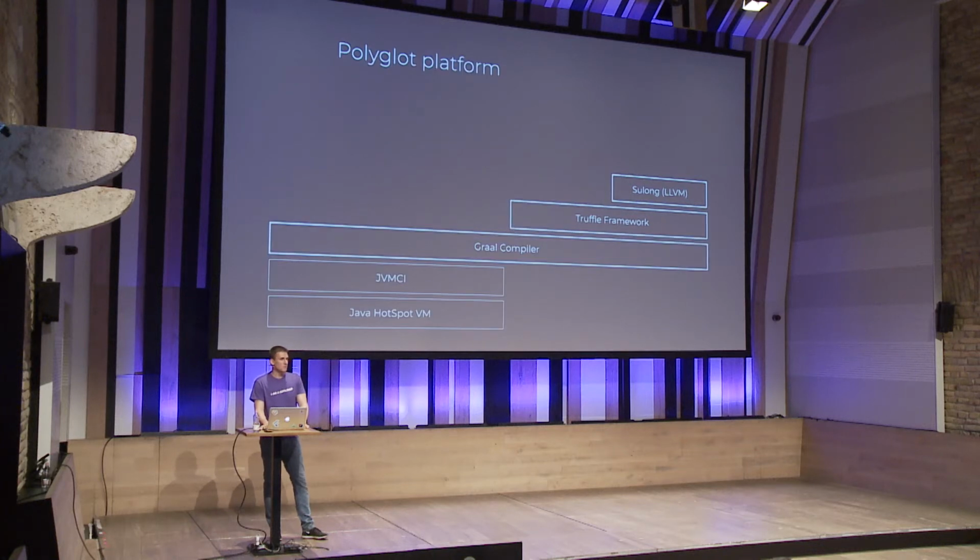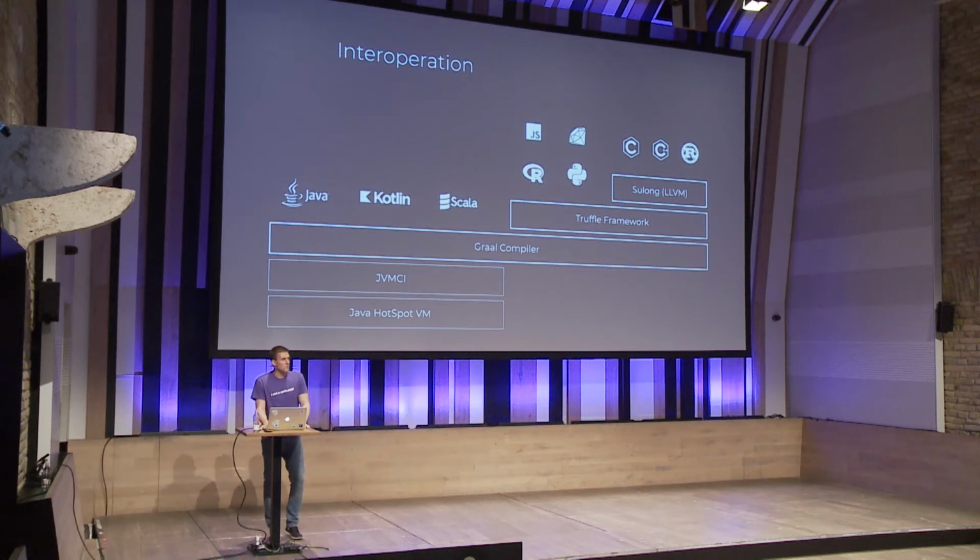So all these components together are what you can think of as a polyglot platform. You can use your bytecode-based programming languages, you can use scripting languages, or you can use static languages and run these languages on the same VM. And you cannot just run these languages, you can also interoperate between the languages.